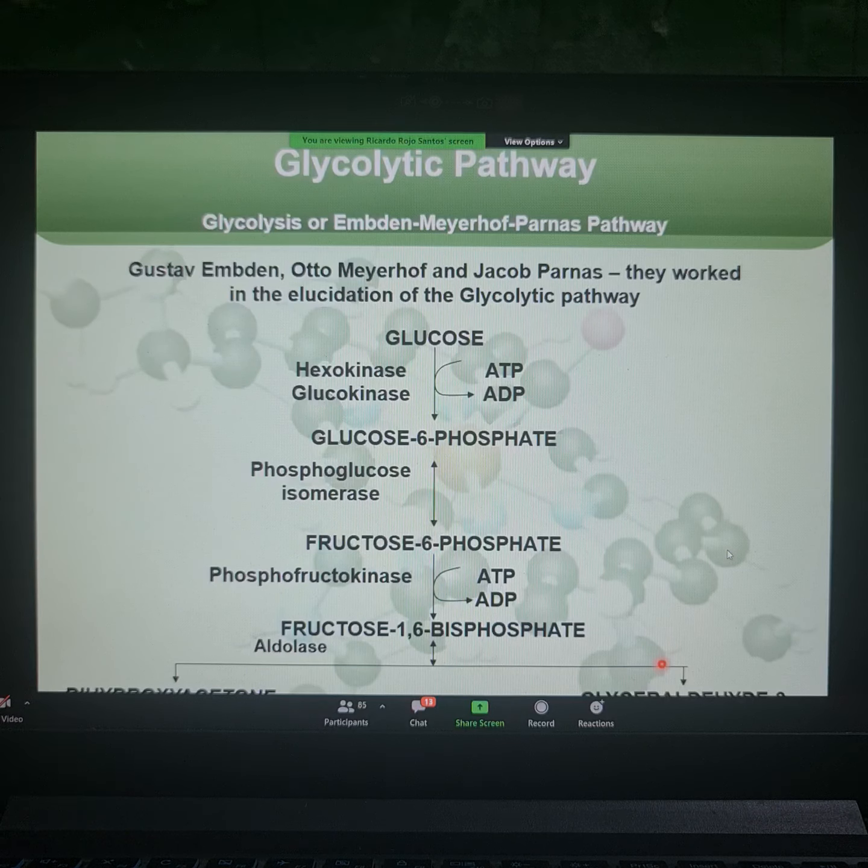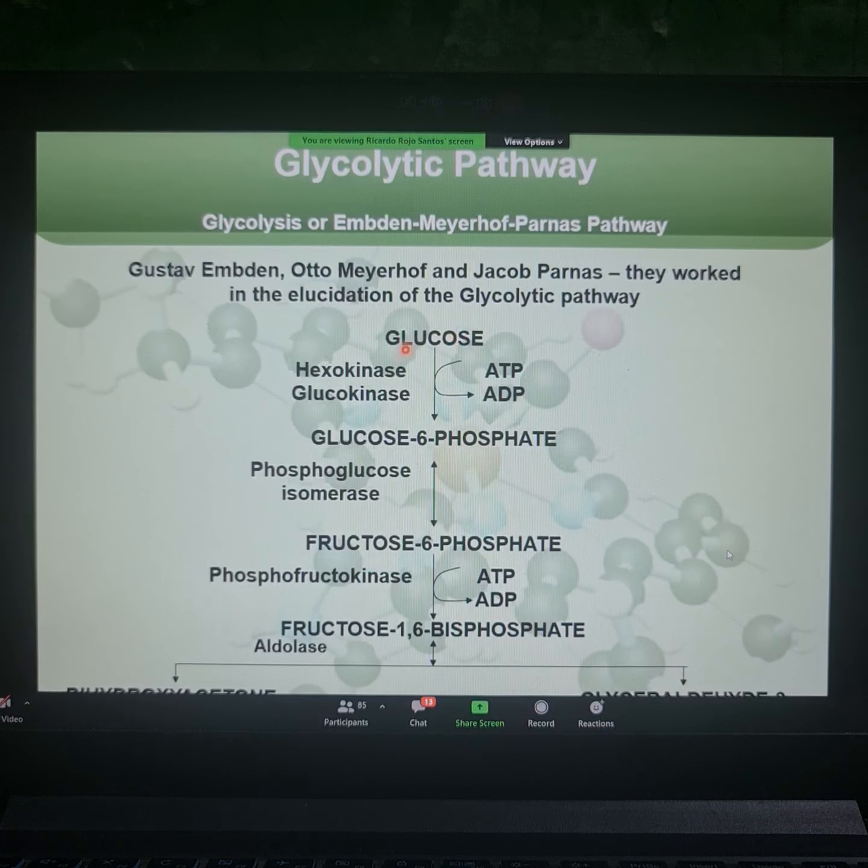Okay, now these are the other names of the glycolytic pathway. Okay, and then Meyerhoff pathway. Okay, and then Meyerhoff Parnas pathway. Okay, so let us summarize what we have mentioned before.